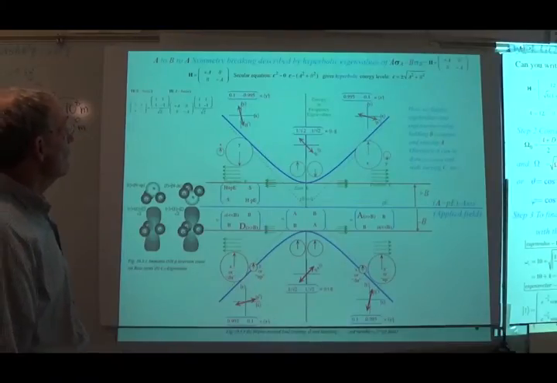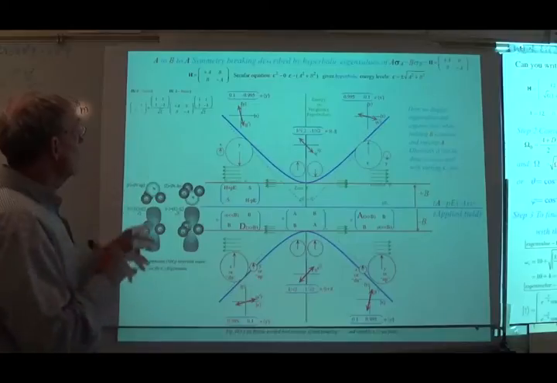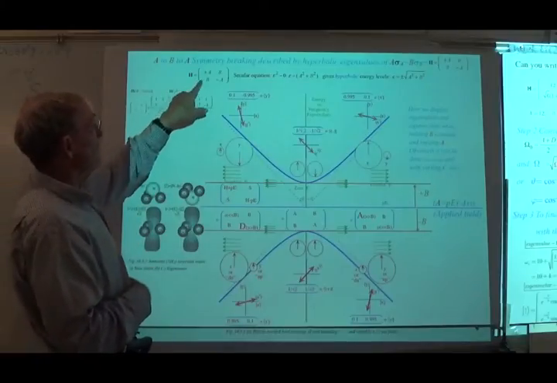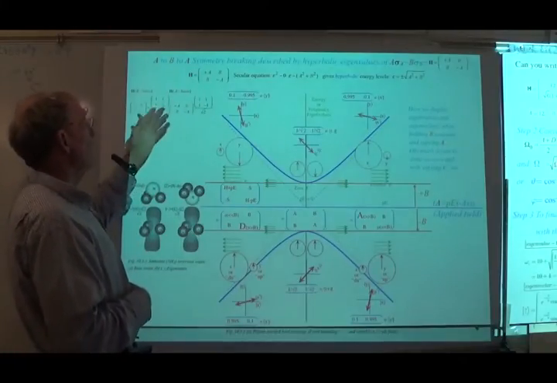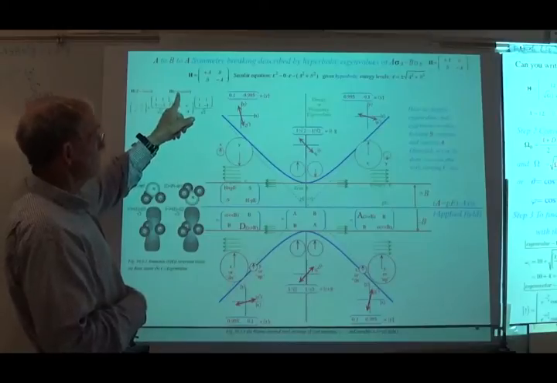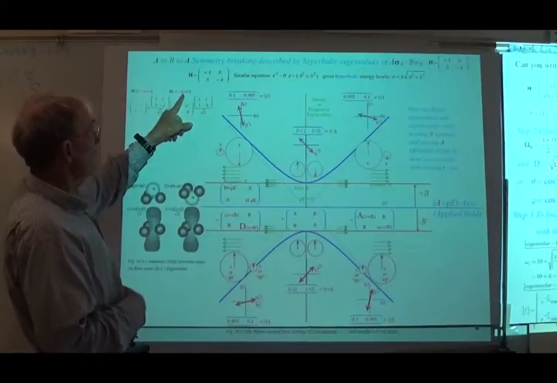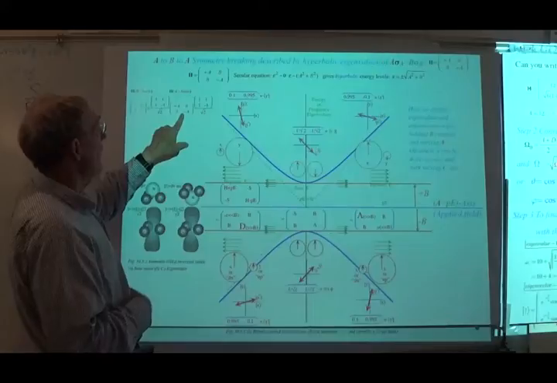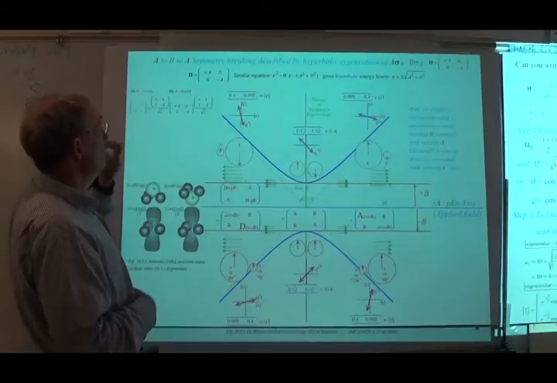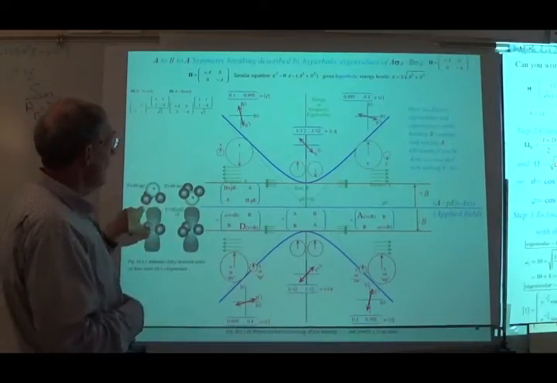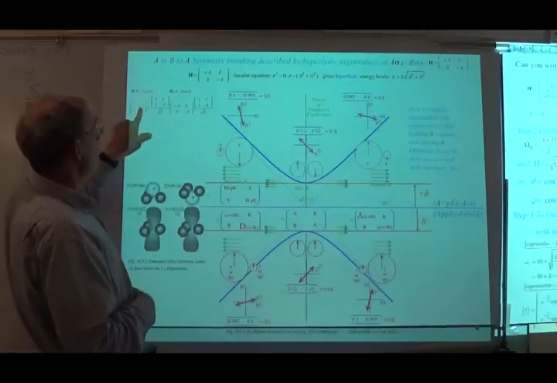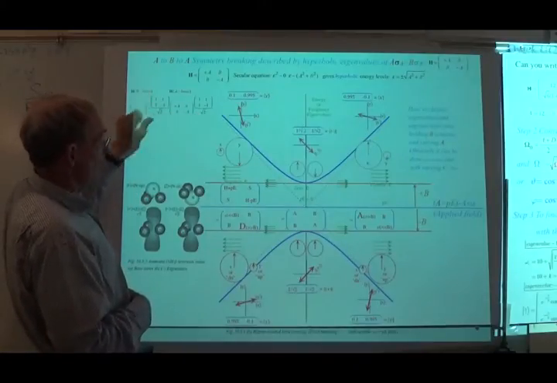Okay. Now one of the things that we're thinking about is what does a Hamiltonian like this look like? Well, in its own basis, in the asymmetric diagonal basis, it looks like that. And I'm going to transform this thing using these two eigenvectors to see what it looks like in the B basis. Okay?